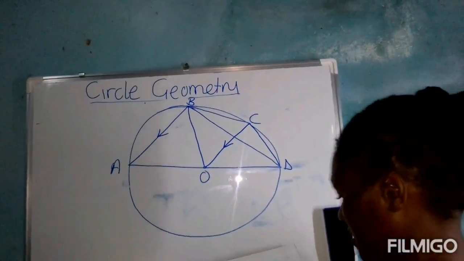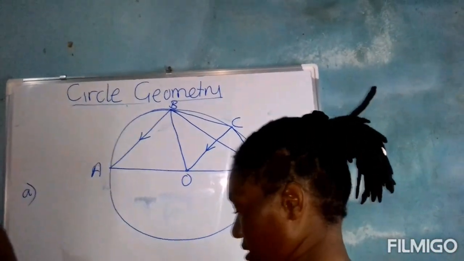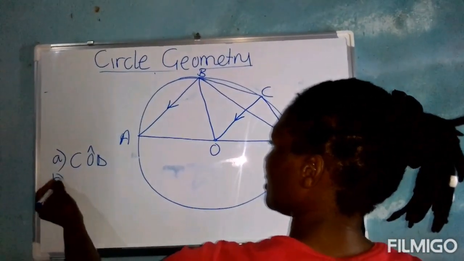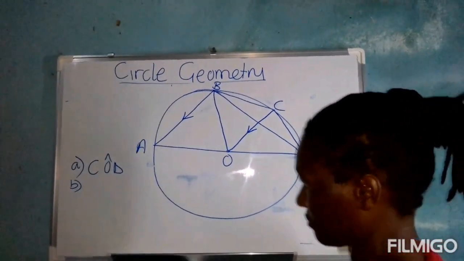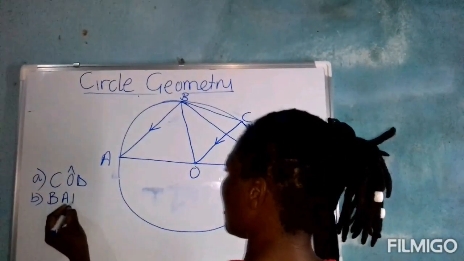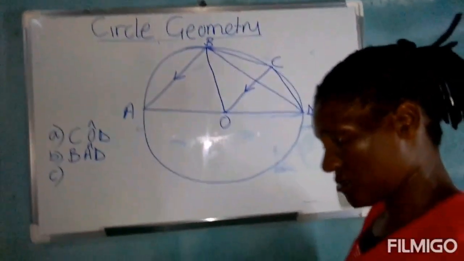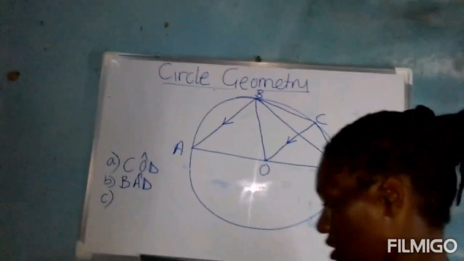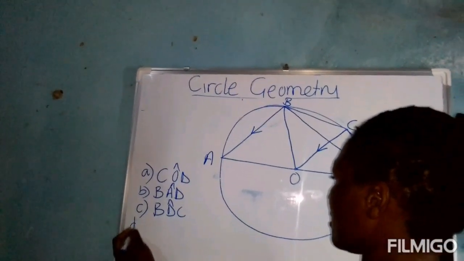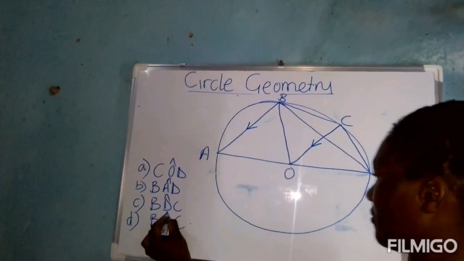Right. Then you are asked to calculate A, the angle COD, then B, the angle BAD, then C, we have BDC, then D, we have BOC, angle BOC.